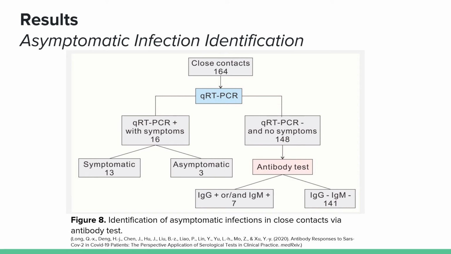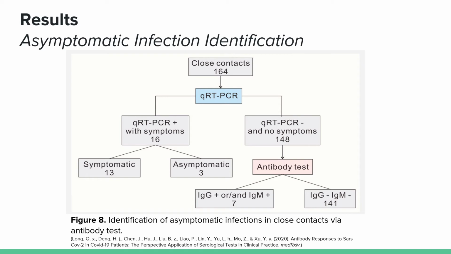Finally, in order to identify any potential asymptomatic patients, further IgG and IgM serological assays were performed. 164 close contacts of a couple with a confirmed case of COVID-19 were closely monitored. Of the 164 individuals, 16 of those close contacts were confirmed to have COVID-19.